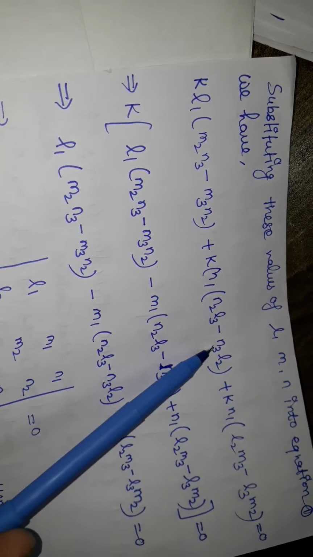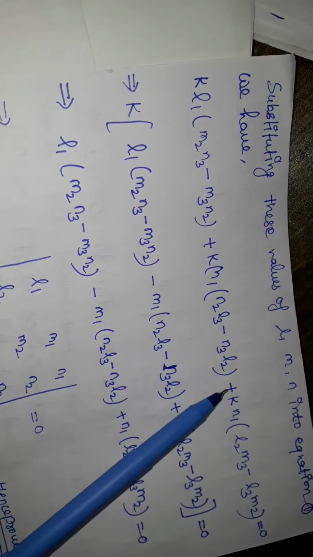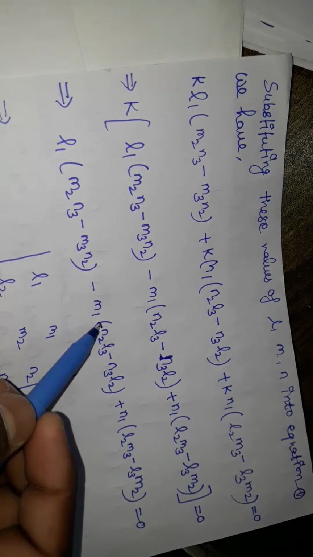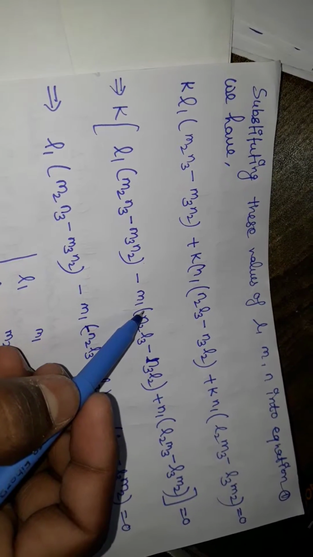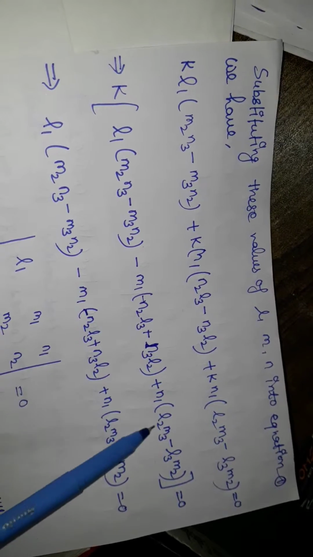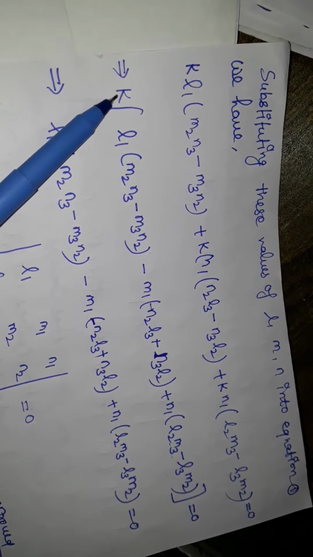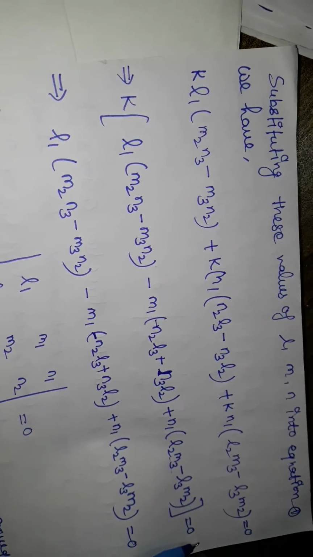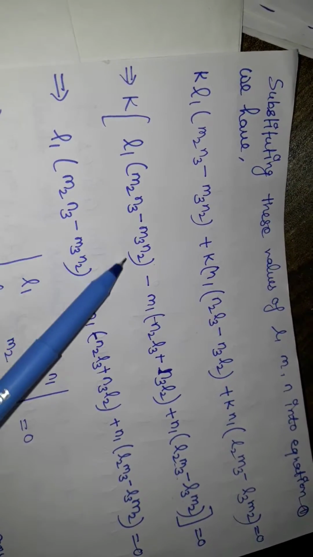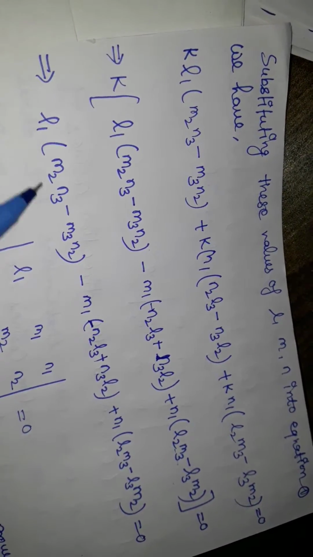To make the required determinant, I have also taken a minus out. K cannot be 0 because it is a constant assumed by us. So this expression must be equal to 0, since the product of two numbers is 0 and K cannot be 0.